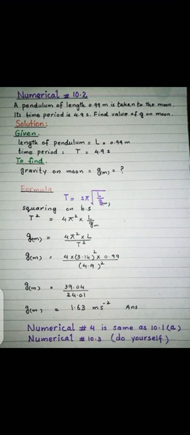Now, what is to find? We have to find out gravity on moon, Gm. Now, by using the formula T equals 2 pi under root L over G, squaring on both sides, we get T square equals 4 pi square multiplied by L over gravity on moon.